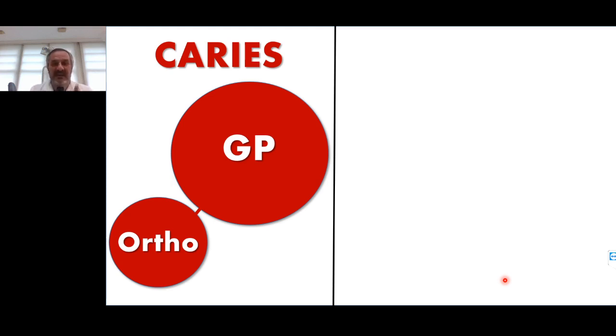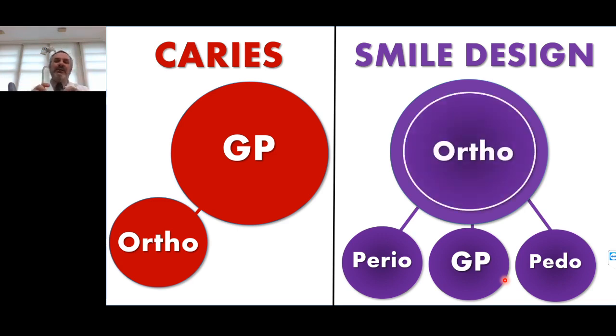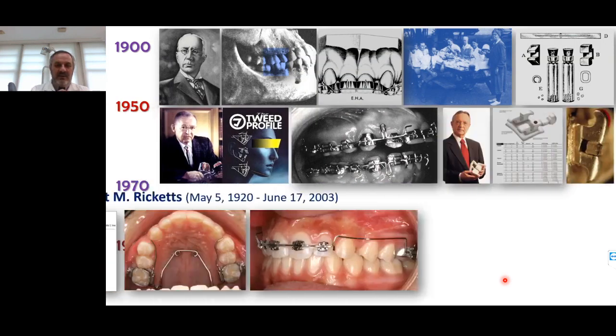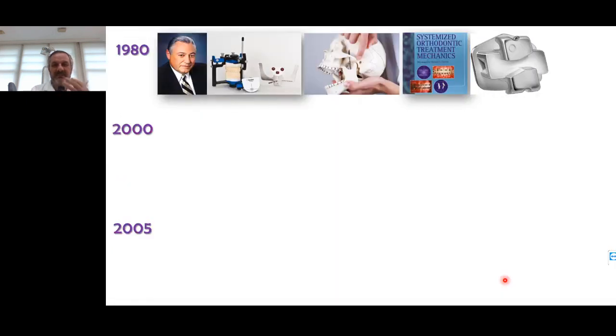The first is the caries clinic, the GP and the different specialists around. In my opinion, the best clinic in the future is very simple: the smile or facial and smile design clinic. The center is the orthodontist and the specialists are around the orthodontist. Remember the evolution of our profession with Roth, with MBT.